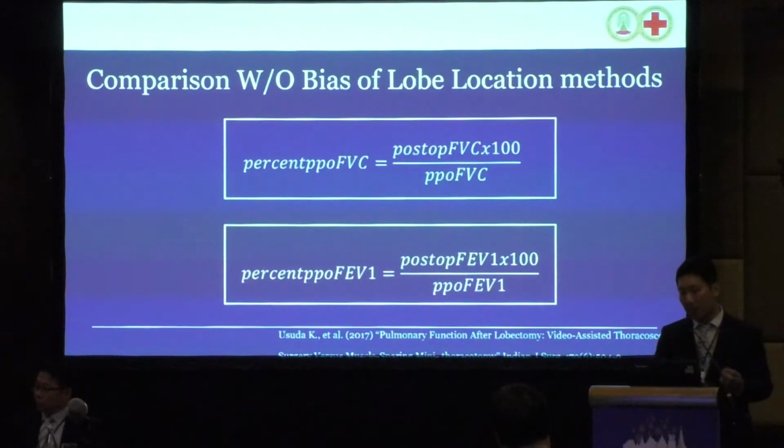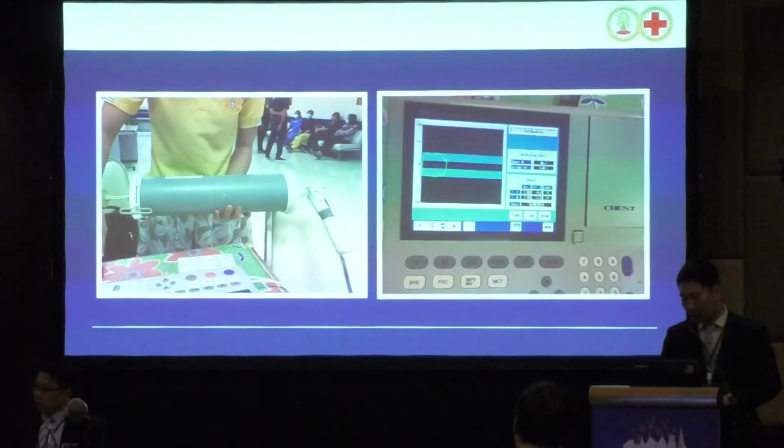Normally, post-operative pulmonary function cannot be directly compared between groups because of variation of lobe location. To avoid this bias, percent predicted post-operative values, percent PPO FVC and percent PPO FEV1, are compared between groups. To reduce systematic error, we calibrate the pulmonary function test equipment before starting the study.